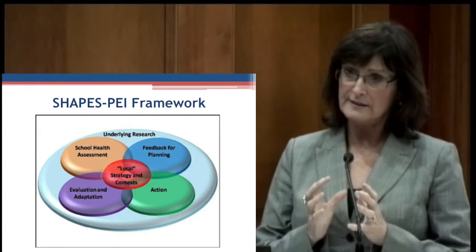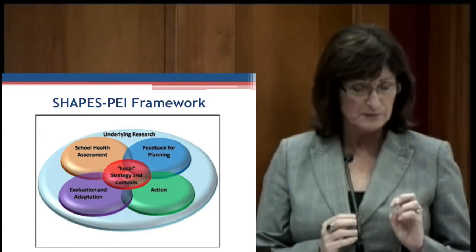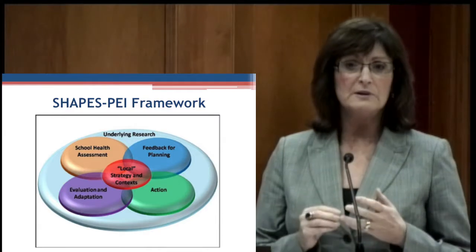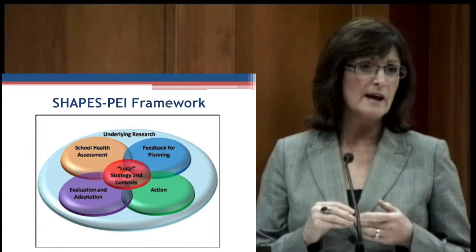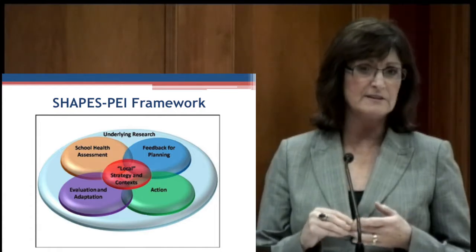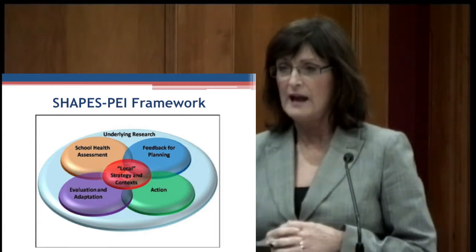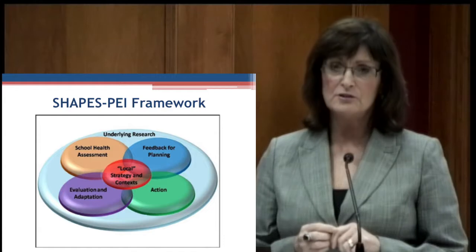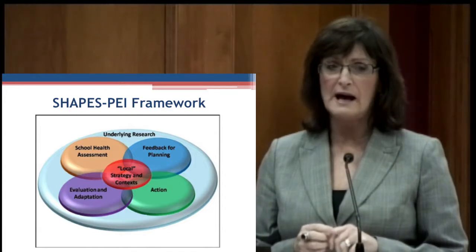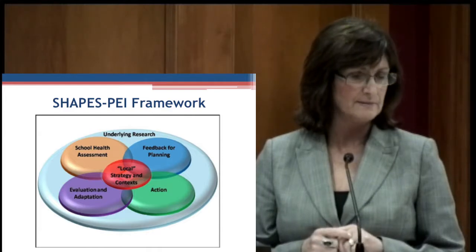So that's our data surveys with students. But we also collect principal-level data, where we look at the policies and programs that are in the schools. We also look at the community-level data that's available in terms of what programs are available for youth. And then all the feedback from that data is generated into a feedback report that goes back electronically to each individual school that participates.